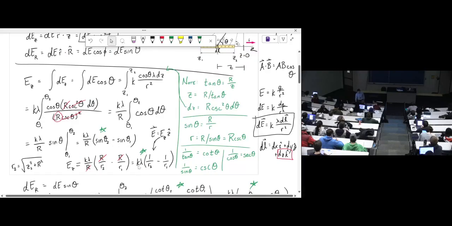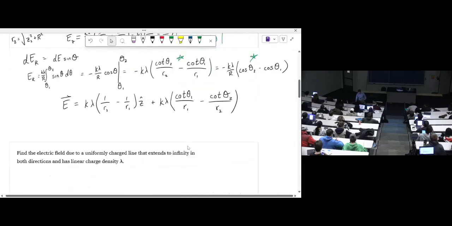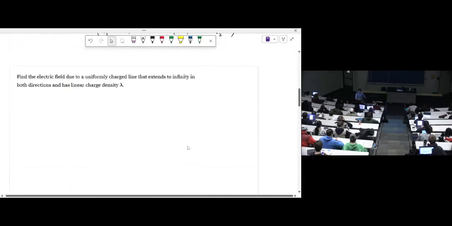Or you could think of it as, okay, if it's just k lambda, 1 over r2, but r2 goes to infinity, minus 1 over r1, but r1 also goes to infinity, both of my terms are 1 divided by infinity, which are both 0. And so my horizontal component drops out, and what I'm left with is this problem right here. Find the electric field due to a uniformly charged line that extends to infinity in both directions and has a linear charge density lambda.